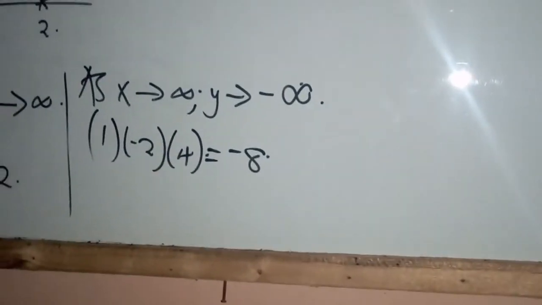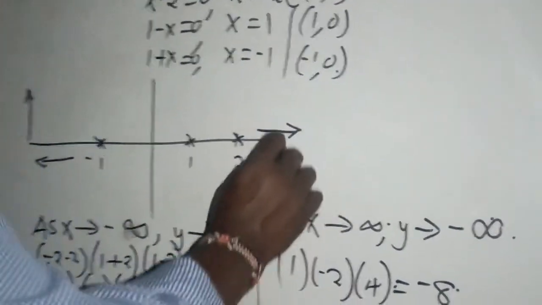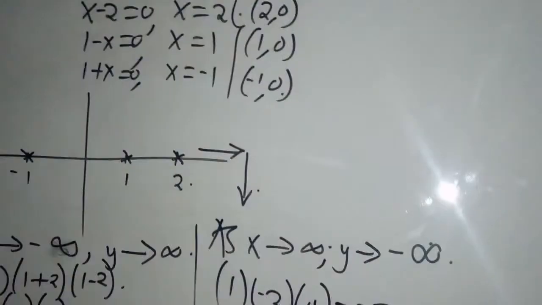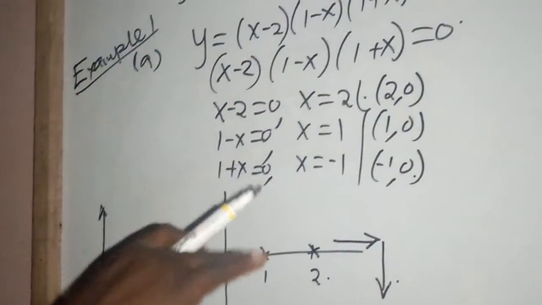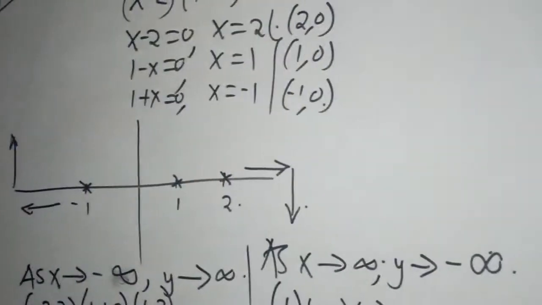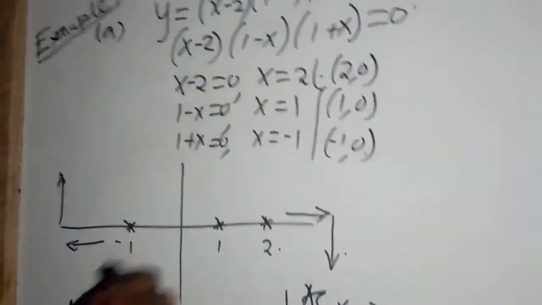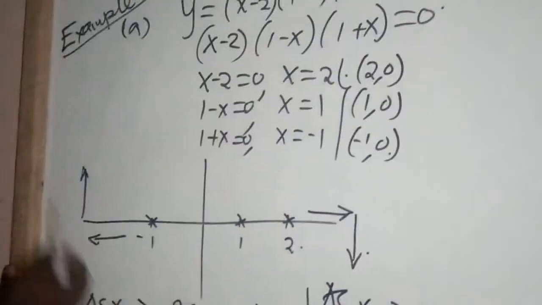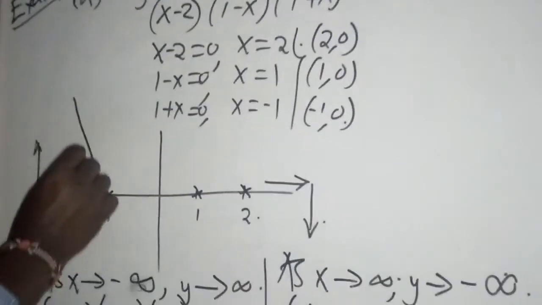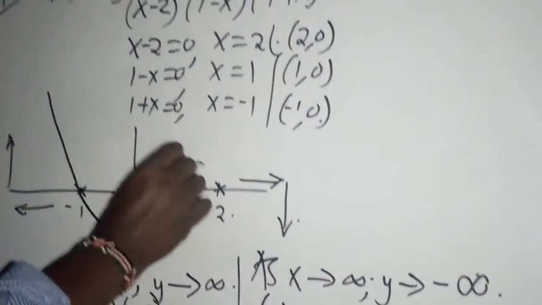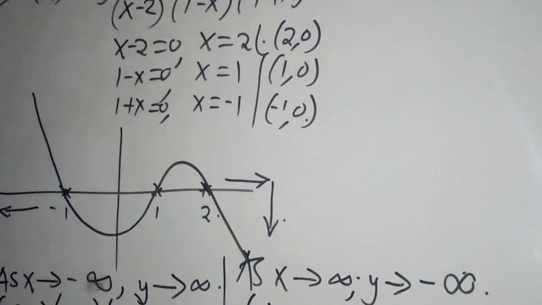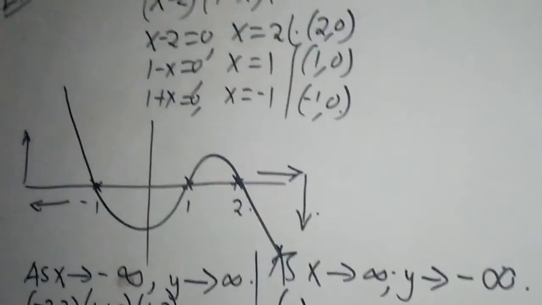As much as x is going further from 2, y is sinking further to the negative. That means the shape of our graph is simply that.